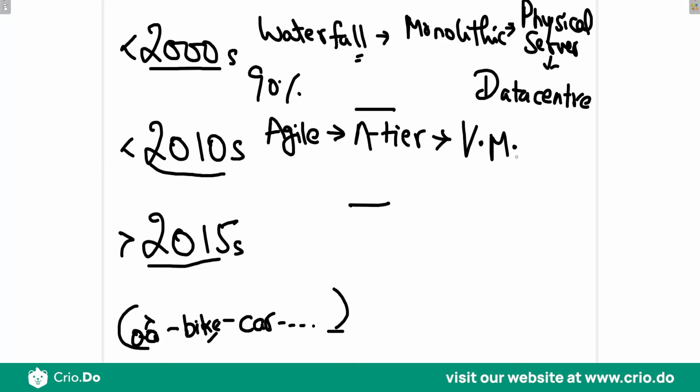The advantage was that earlier we had a limitation that we could only deploy a fixed number of applications on a physical server. But once you had virtual machines in place, on the same physical server you could isolate multiple applications which could run in parallel. And since we were using virtual machines, instead of the data center, we moved into a concept called a hosted platform or hosted infrastructure.